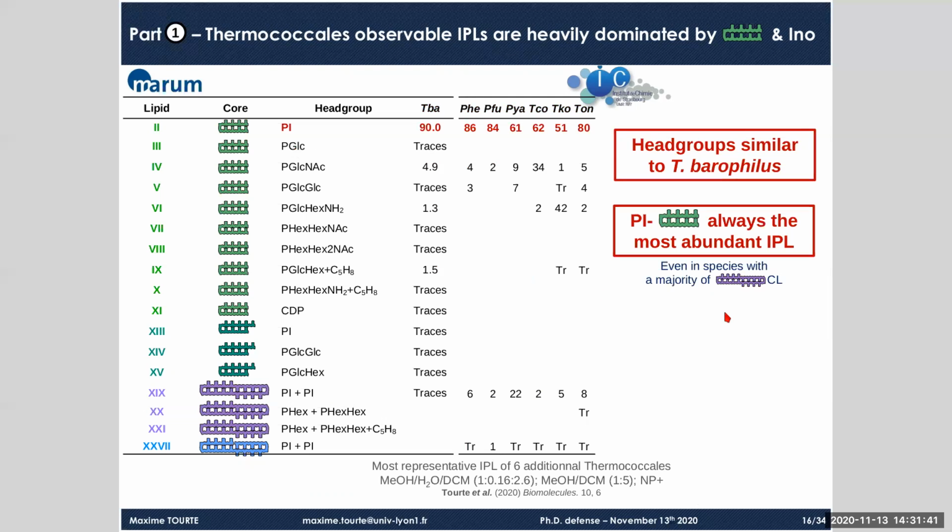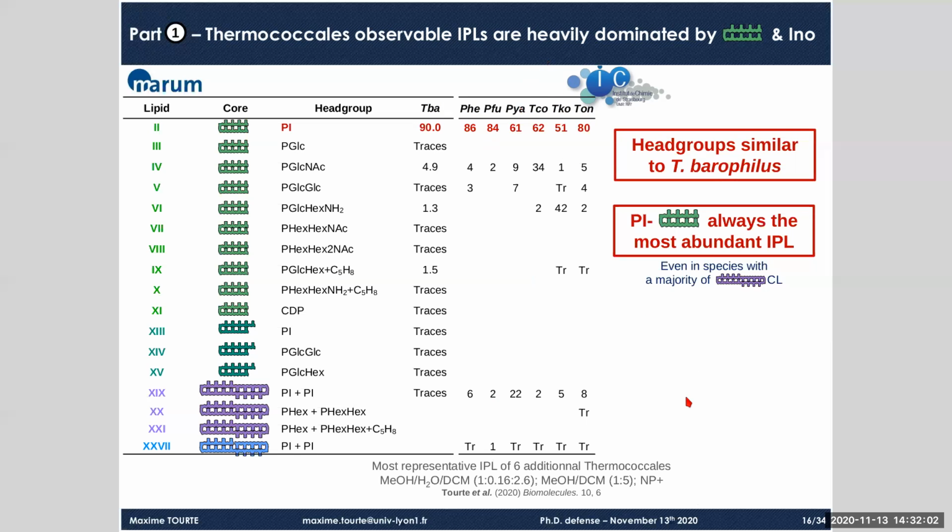However, we still had the same problem, as PI diether was always the most abundant IPL in all these 7 Thermococcales, as you can see here, even in species which we know synthesize a vast majority of tetraether core lipids, such as Pyrococcus yayanosii here.